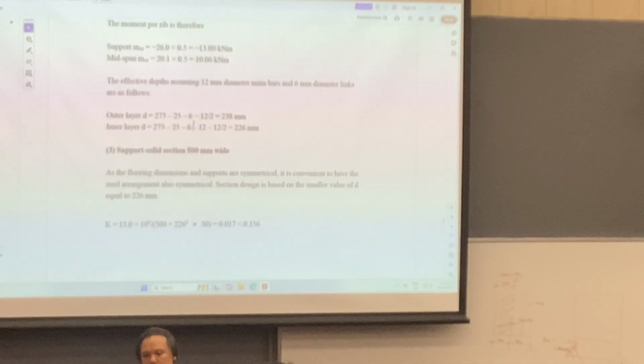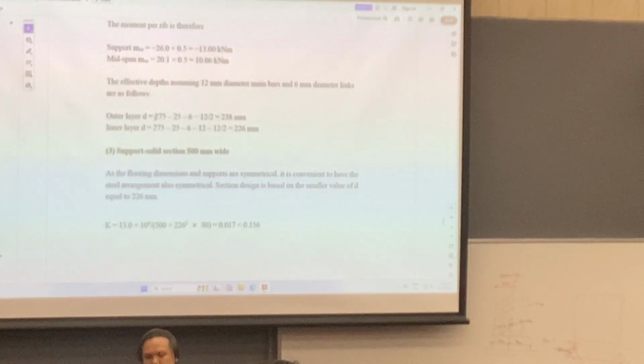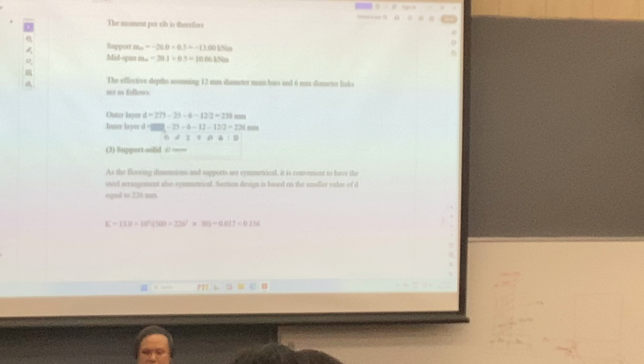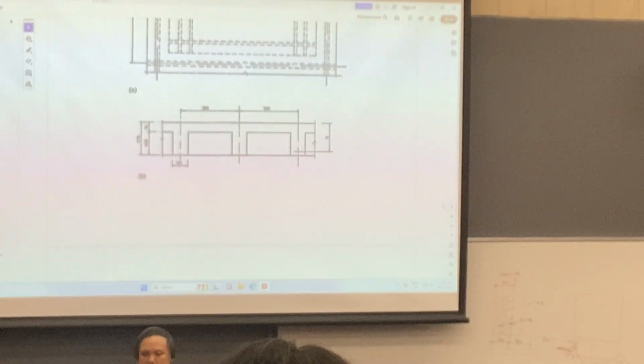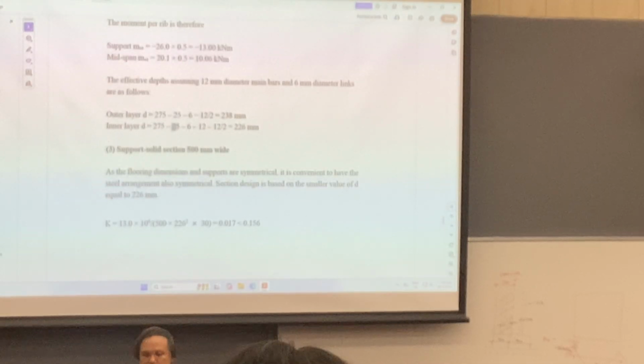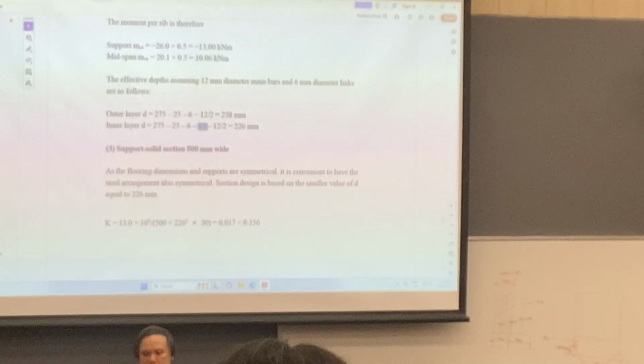And then, of course, you will have the effective depth: 275 is the overall depth, then minus 25 for the cover, and then minus 6 for the link, and then the first layer 12, and the second layer 12 divided by 2.